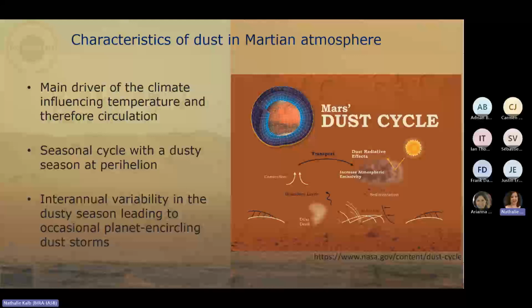And this graphic from NASA Ames just shows all the things that we have to take into account. So we have saltation, dust devils, sedimentation, radiative effects, and transport from advection, but we also have eddy mixing and possibly convective plumes and all that stuff. So we need to think about all those things.